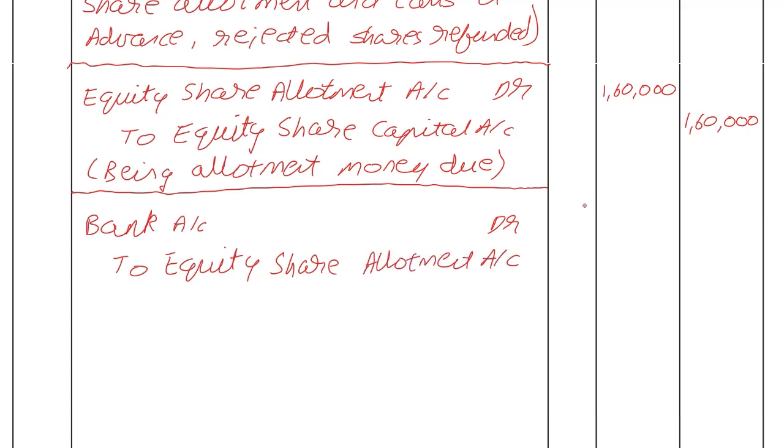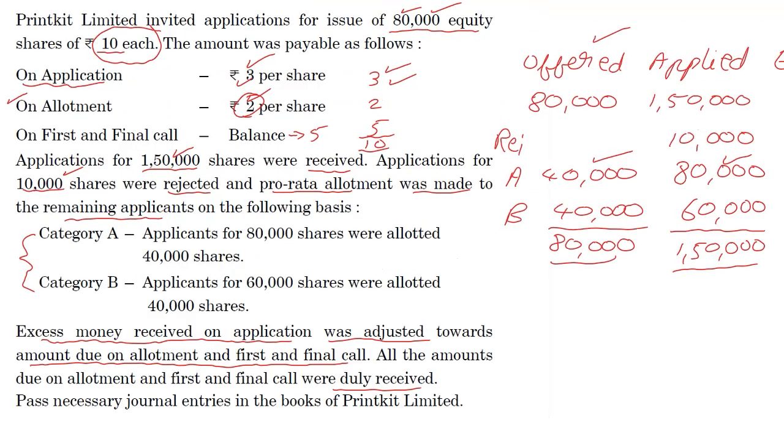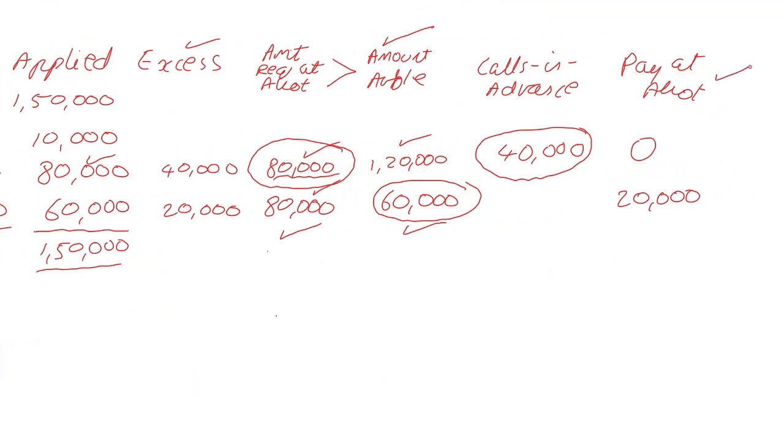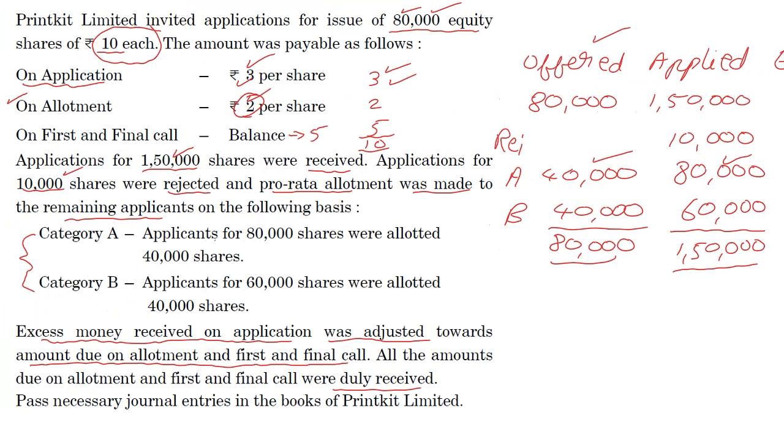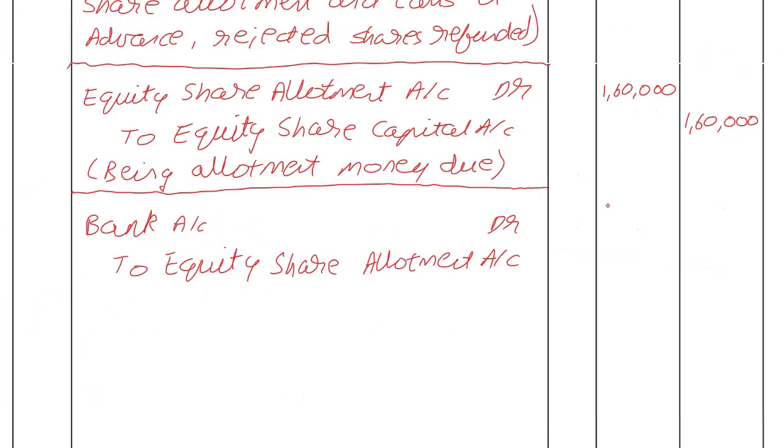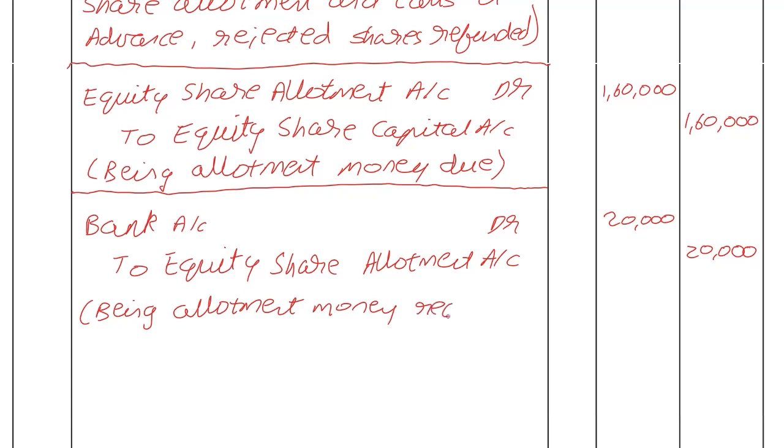Payment at the time of allotment is 20,000. Required was 80 for group B, but they have paid only 60. The remaining 20 they have to pay. That's why I'm simply putting 20,000 and 20,000, being allotment money received.